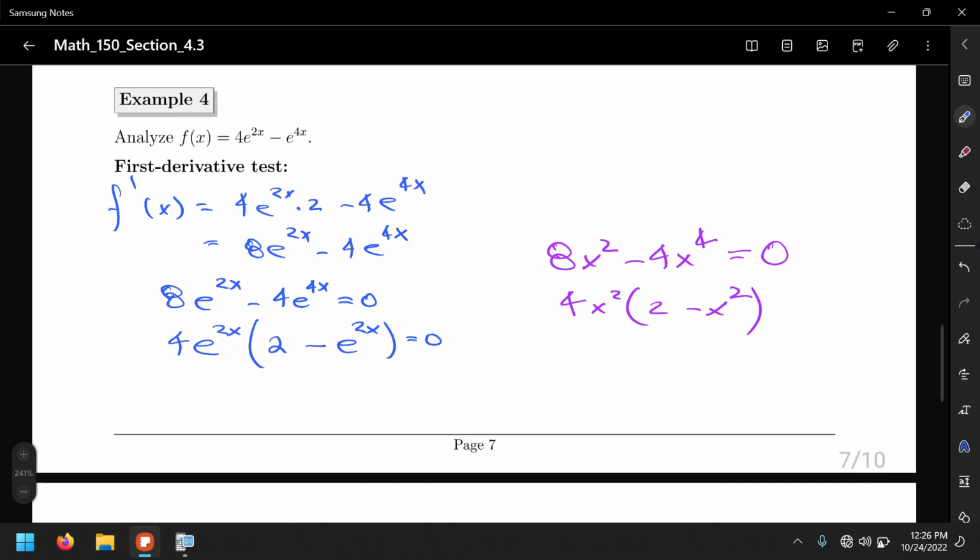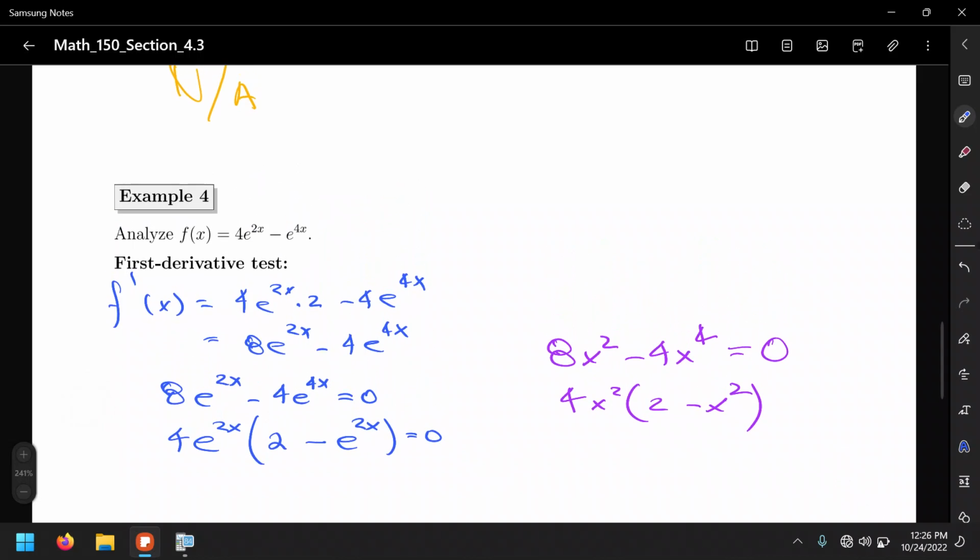Okay, let's do the distribution back into it. 4 times 2, that's the 8e to the 2x times just 1. But over here, 4 times negative 1, that's negative 4. e to the 2x times itself, e to the 2x, doesn't that result back into e to the 4x? All right, so that's the equation that we will solve.